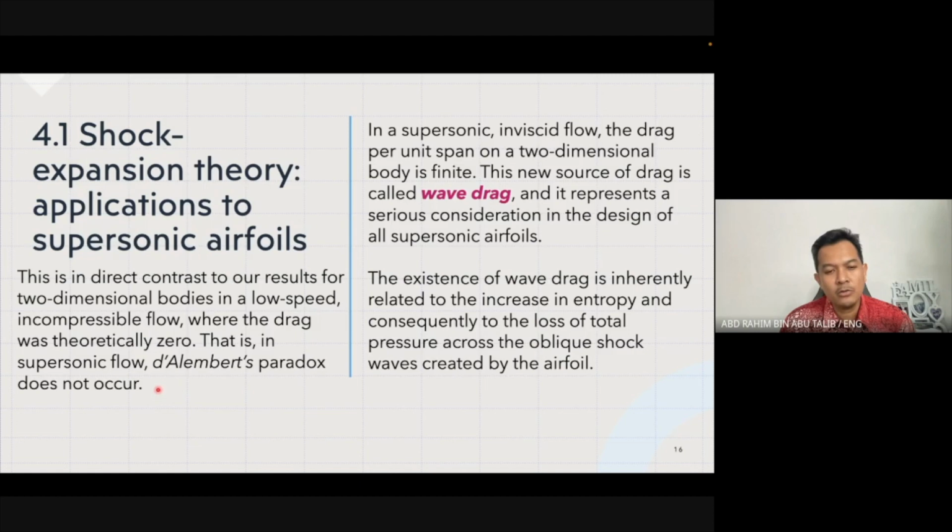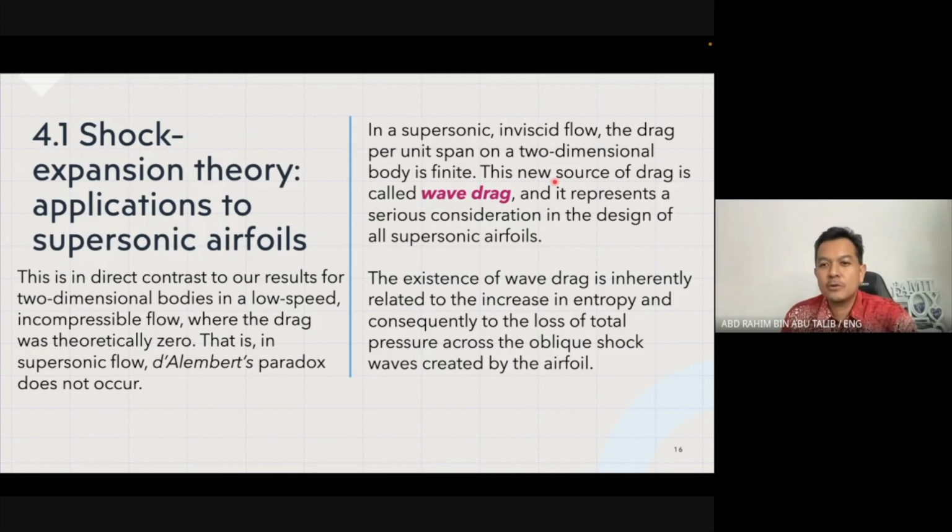You may want to revise what we mean by D'Alembert's paradox; I don't want to explain it again here because it was already covered in Aerodynamics 1. In a supersonic inviscid flow, the drag per unit span on a two-dimensional body is finite. This new source of drag is called the wave drag.